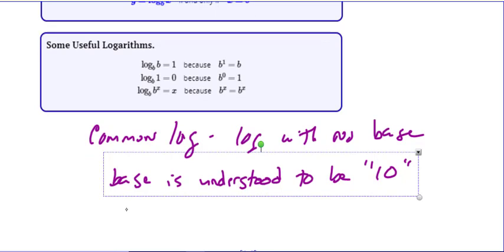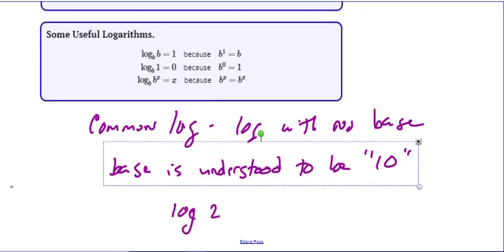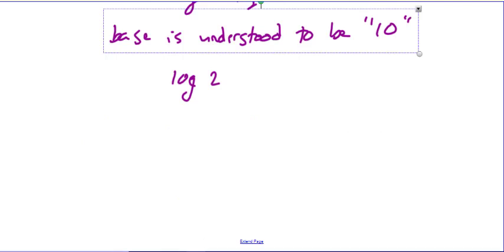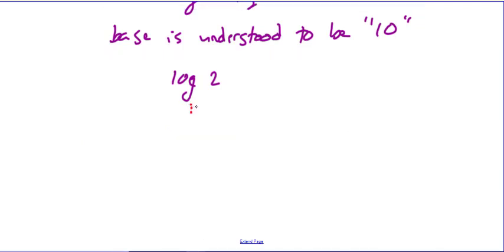So on your calculator, when you're doing log of 2, it's understood that you're looking at a common log, a log with no base. Well, it does have a base, it's just not written there. It's understood to be a 10, and it's called a common log. So we'll talk about things like that as well.